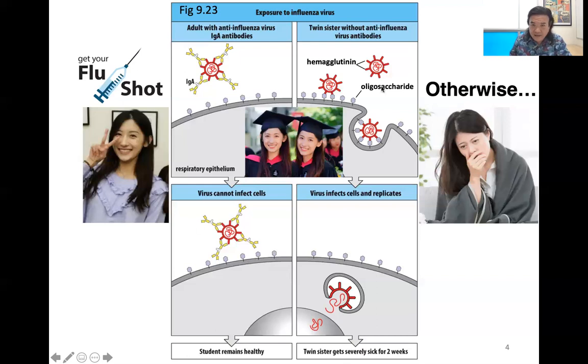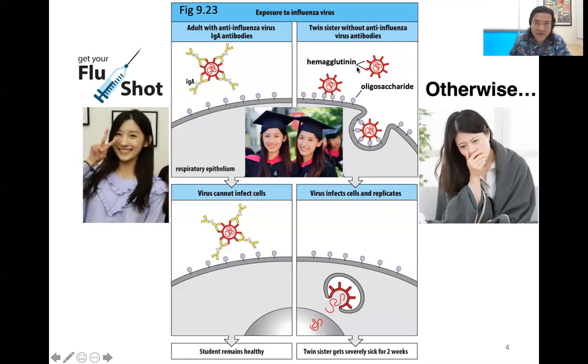However, on the other hand, that same cloud of virus also gets breathed in by the twin sister who didn't get vaccinated. So she has no immune memory of this particular antigen. They've labeled this antigen here. These are the spikes on the virus. They're just referring to it as a hemagglutinin.